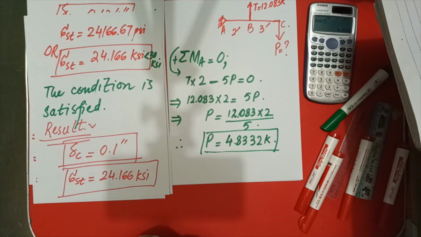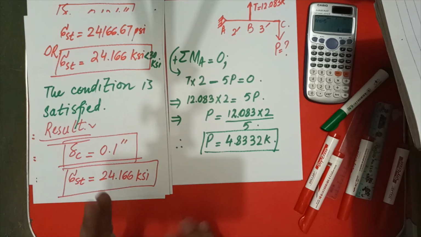When these conditions are satisfied, you have to find out the magnitude of P. Previously I already told you all the steps for the conditions, and now I am separately telling you how you can find out the value of P in this situation. Hopefully you will understand the question and it will be clear to all of you.